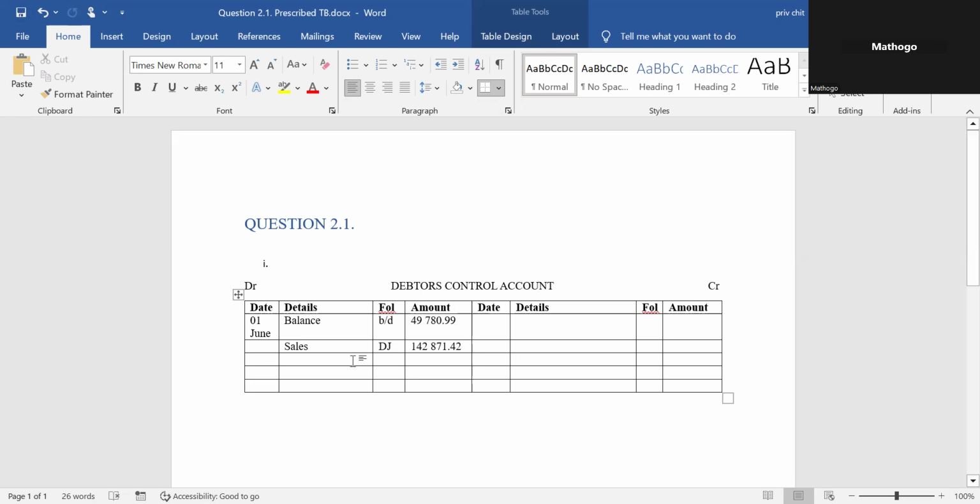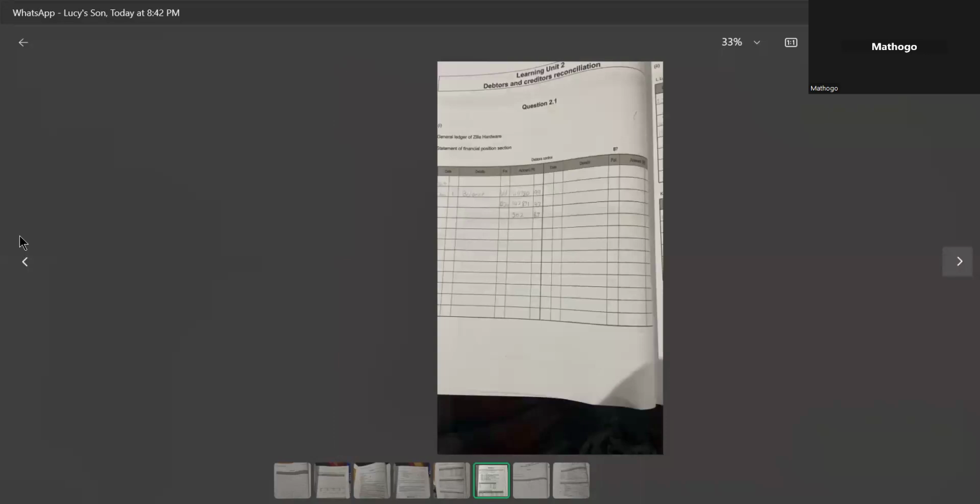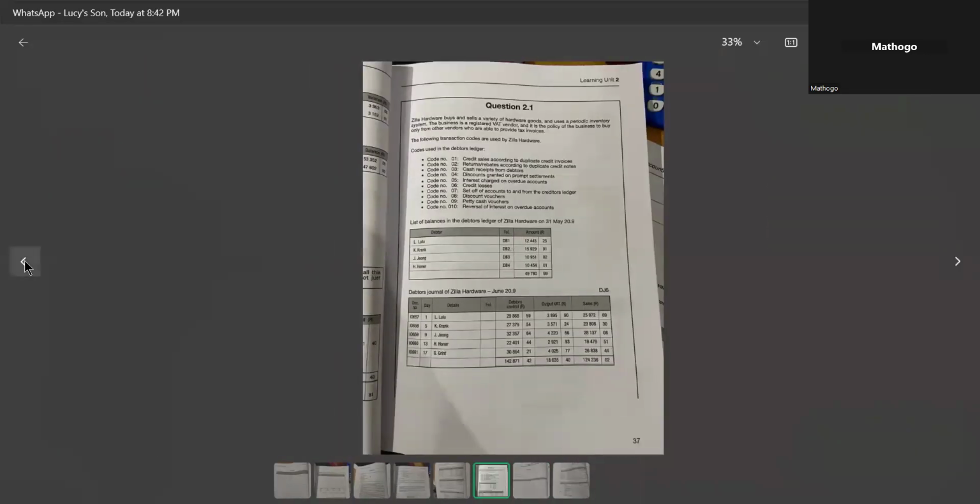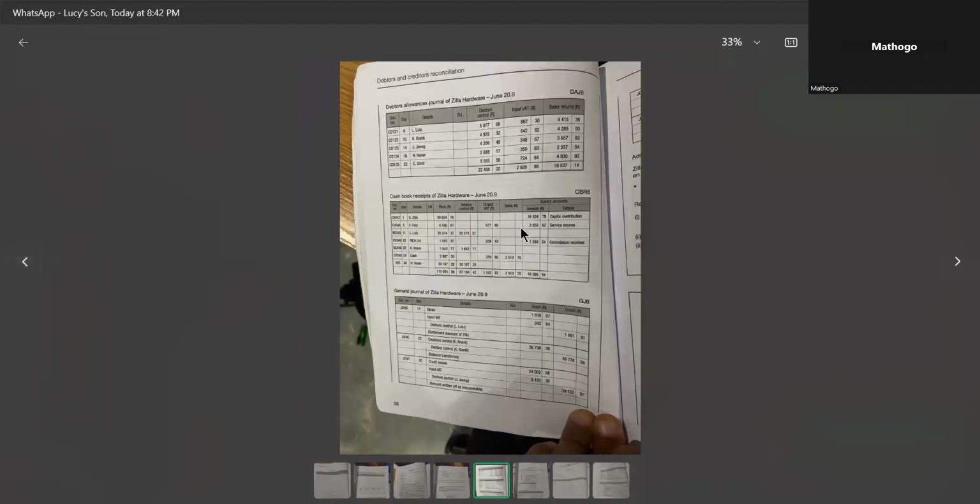That was page 37. Let's go to page 38 now. That's your page 38. What did I say about the debtors allowance?